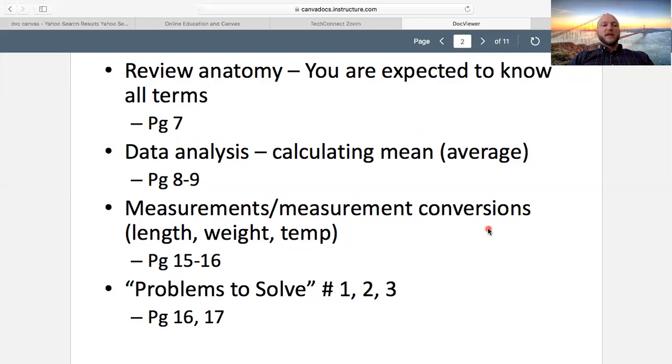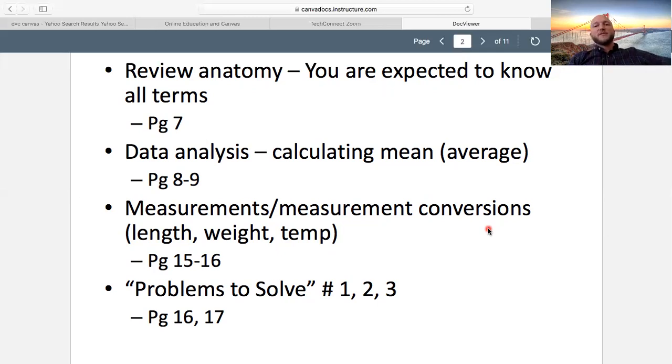We're going to go over a length question and a weight question in these slides. We will not go over a temperature question in these slides, but there are examples on page 15 and 16. Also on 15 and 16, it goes over how to go from like meter to centimeter, centimeter to meter, milligram to gram, gram to kilogram.